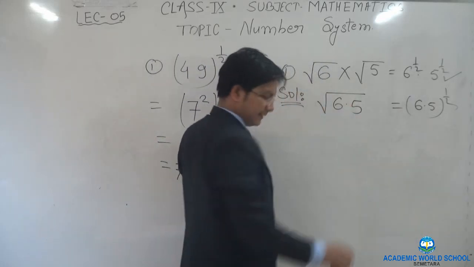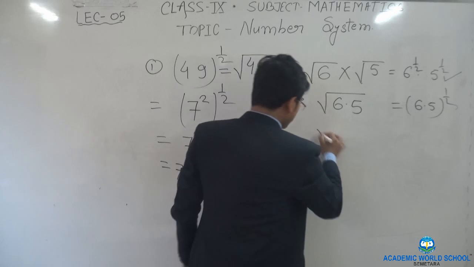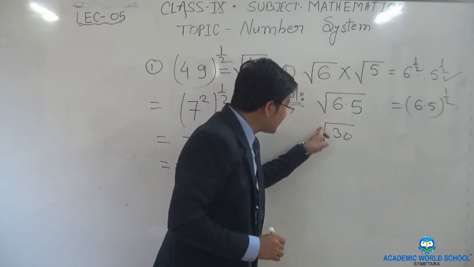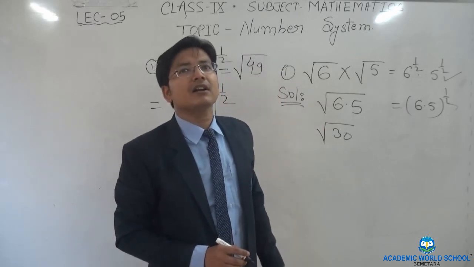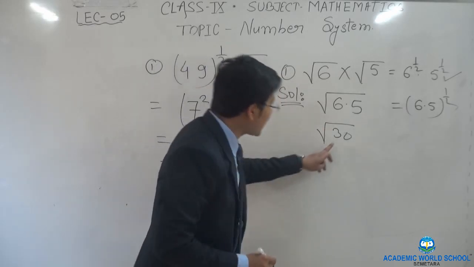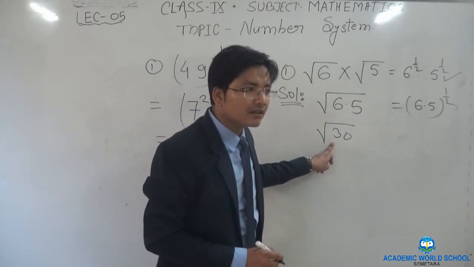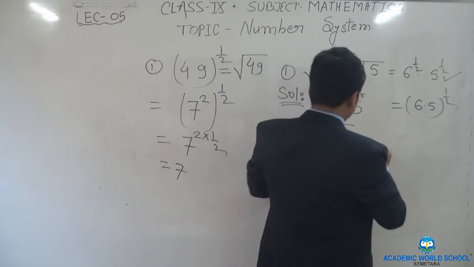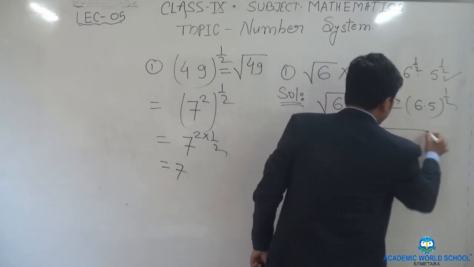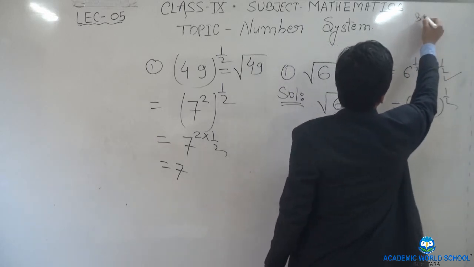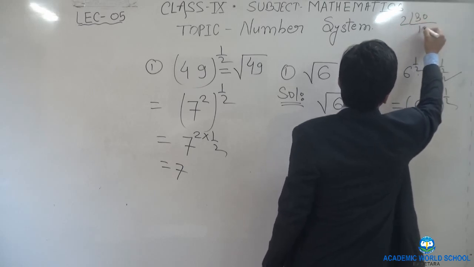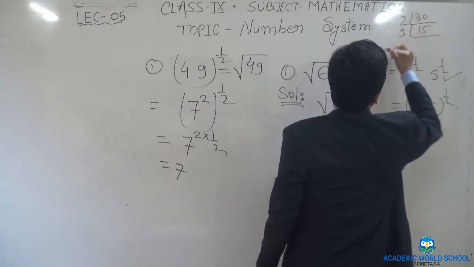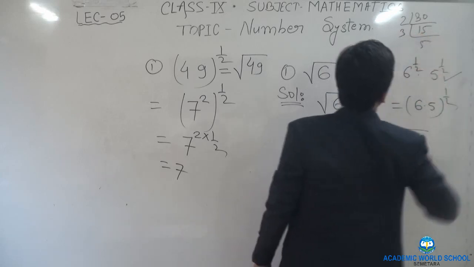Now 6 into 5 is equal to 30. Nothing is written here, so this is square root, and the square root means take pairs outside. 30 I can write as 2 into 15, then 3, then 5.